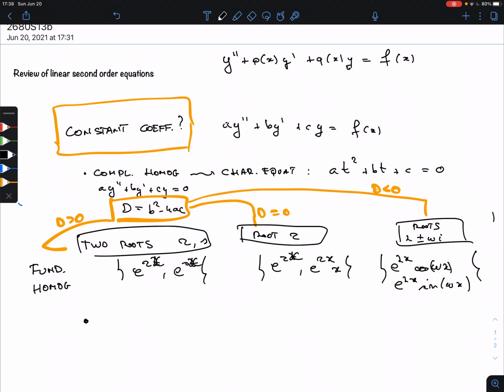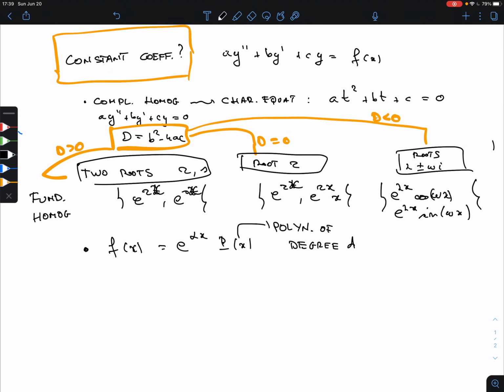And then when we are done with the complementary homogeneous, we have f of x of special forms, e^(alpha x) p(x), where this is a polynomial of a certain degree, let's call it degree d. Okay. And again, there are cases here that we have to take into account.